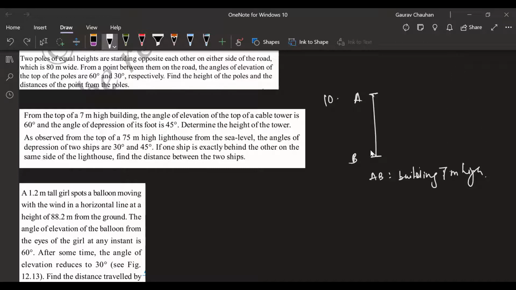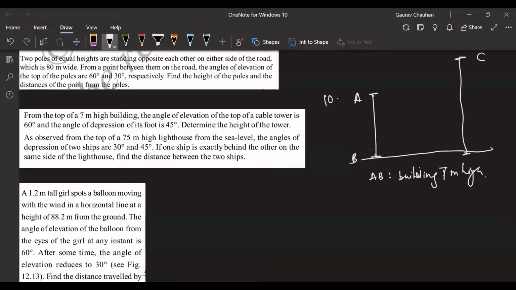You don't have to draw it like this, you can just draw it like this. The top of the cable tower is seen at an angle of elevation, and there is depression of its foot. Let CD be the cable tower.